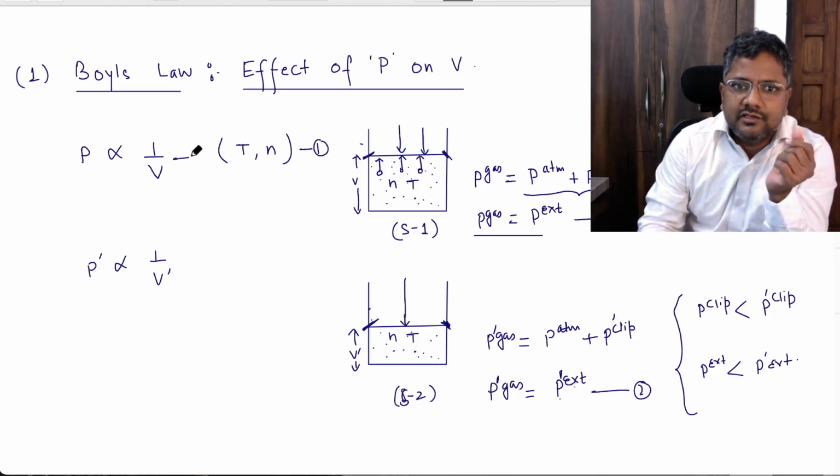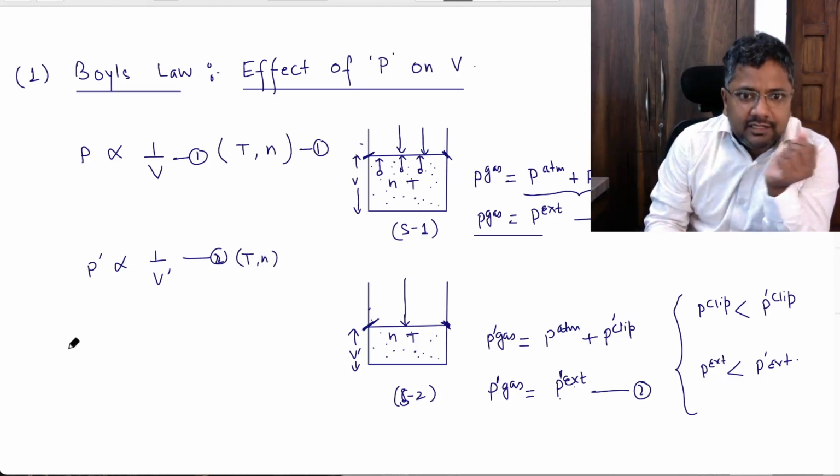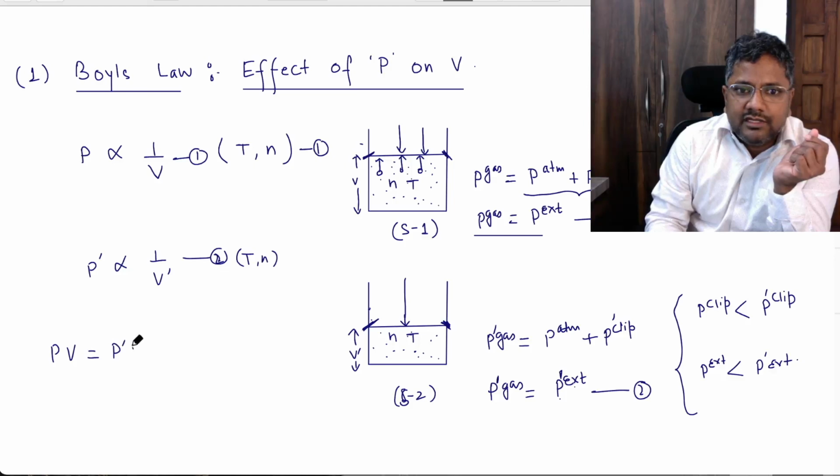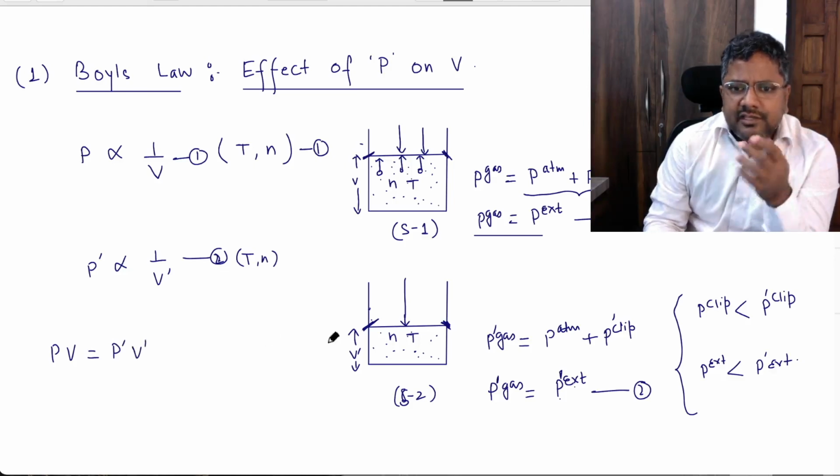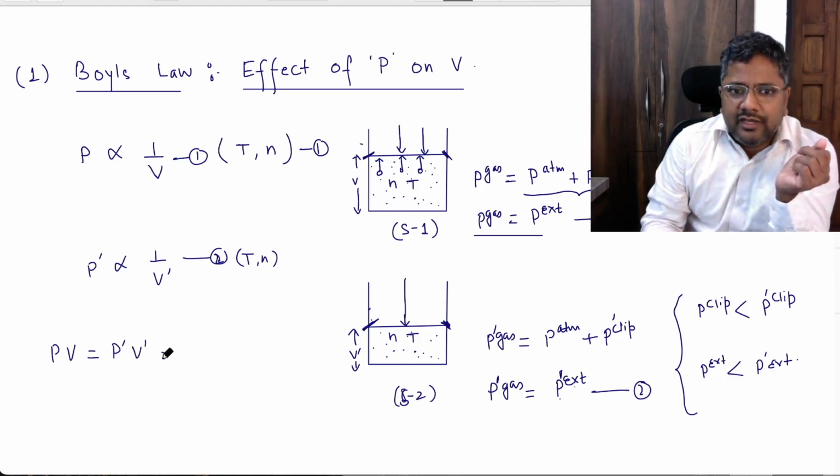Here again N and T are constant. So you can write here PV is equal to P dash V dash. Similarly, if you want to make one more state, then this is also.